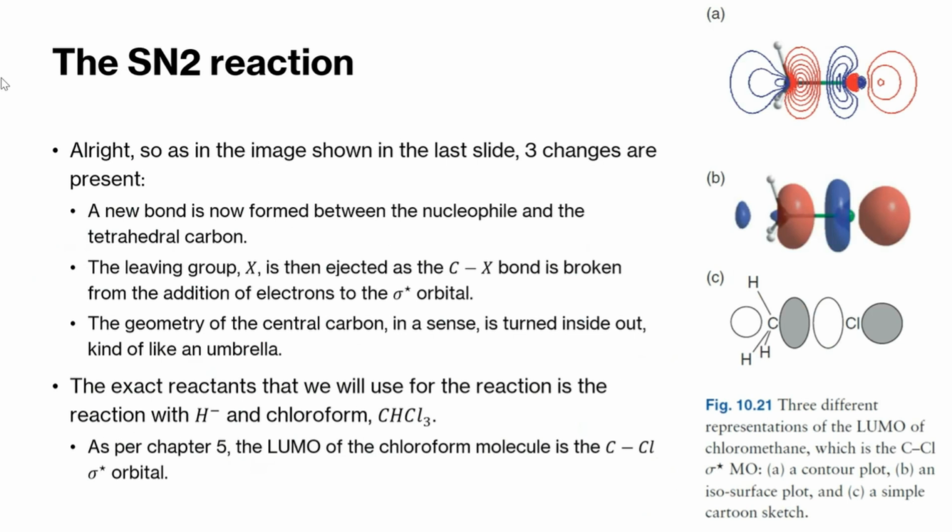Now, the exact reactants that we'll use for modeling the SN2 reaction are H- and CH3Cl. And as per chapter 5, the LUMO of the CH3Cl molecule is the bond between the carbon and the chlorine.